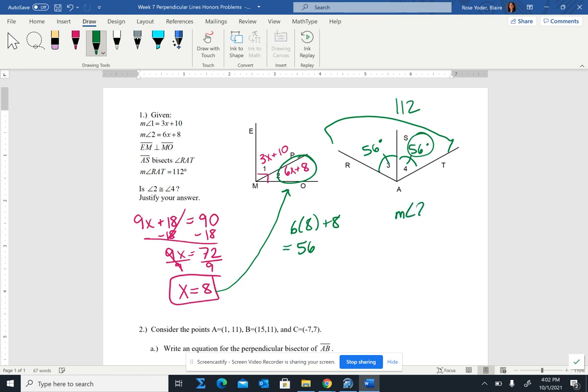So the measure of angle 2 is 56 degrees. The measure of angle 4 is 56 degrees. So is angle 2 congruent to angle 4? Yes. Angle 2 is congruent to angle 4 because the measure of angle 2 is equal to the measure of angle 4, which is equal to 56 degrees.